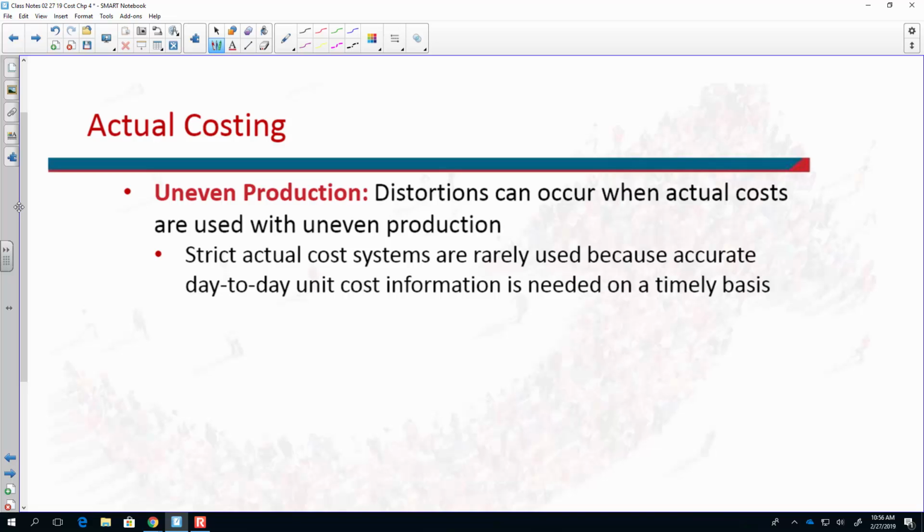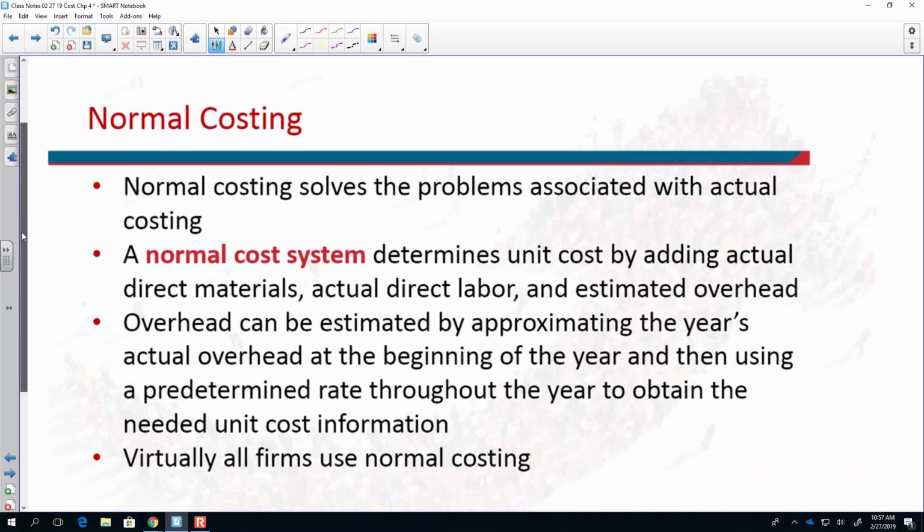So again, with accounting, with everything that we try to do, we try to keep it even, right? Keep it steady. And our customers also demand that too. We can't charge more in one month versus another based on something that we're doing internally. So, unless you're a very small company, actual costing is out and normal is in.